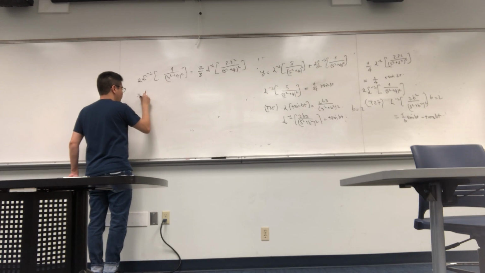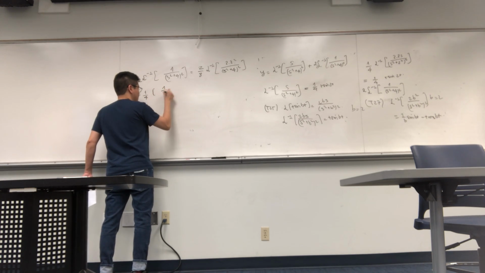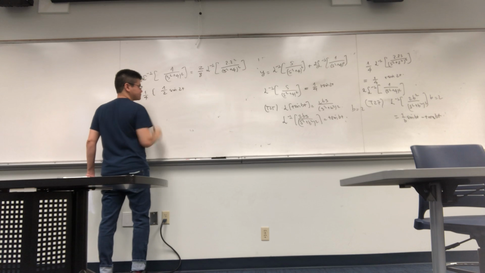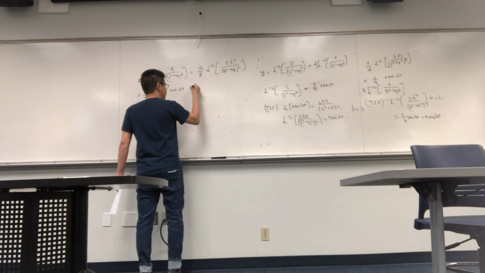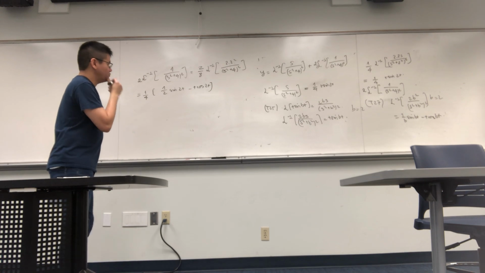So this is 1/4 of 1/2 sin 2t minus t cos 2t.